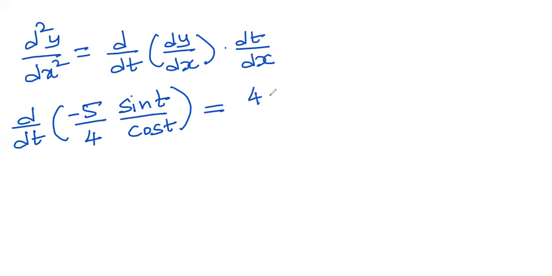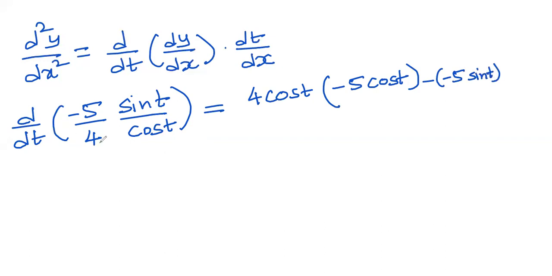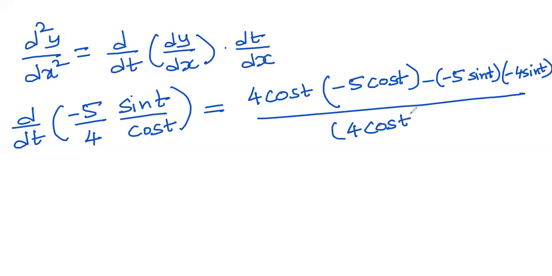So according to quotient rule, we have 4 cos t, and differential of minus 5 sine t will be minus 5 cos t, minus, we have the numerator, I'll write here minus 5 sine t, and differential of 4 cos t will be minus 4 sine t, divided by 4 cos t the whole square.